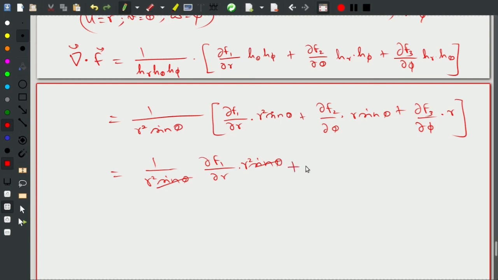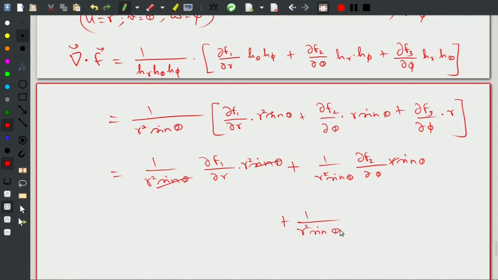For this one we have dou f2 by dou theta, and since the derivative is with respect to theta, we cannot cancel theta with theta, so we can only simplify the r and this one. Similarly for 1 by r square sine theta, dou f3 by dou phi of r.